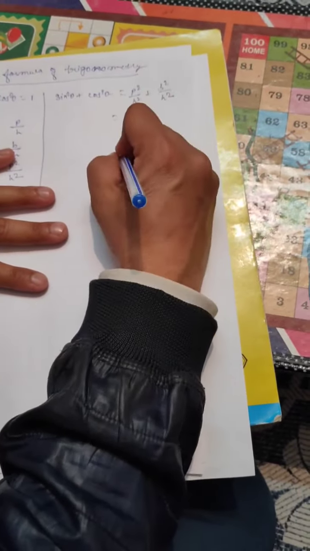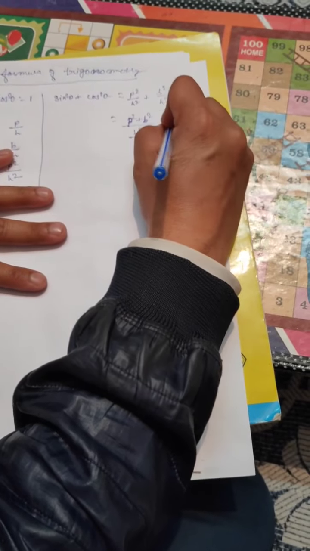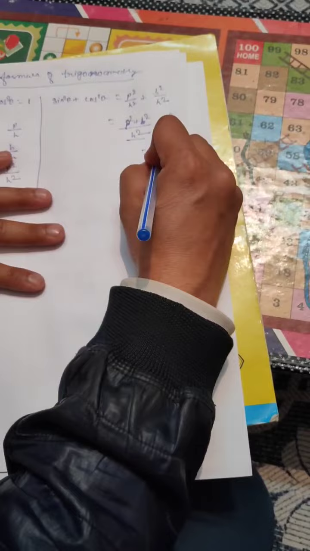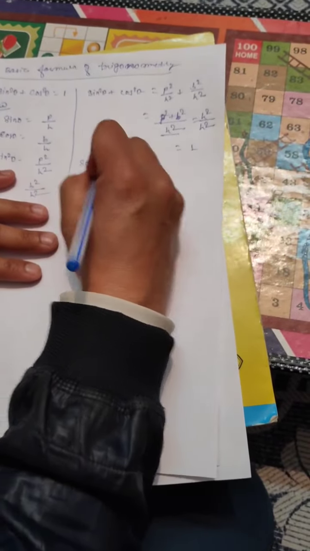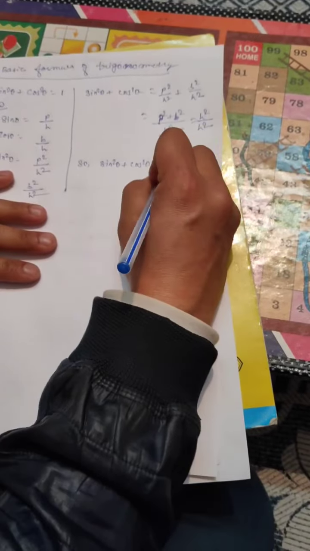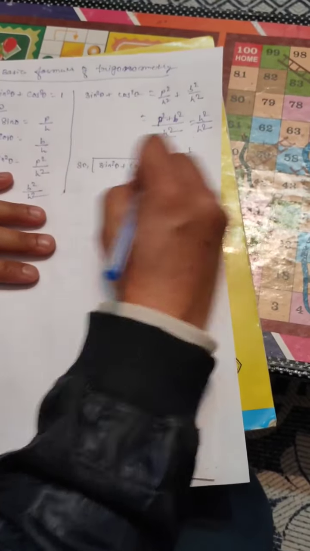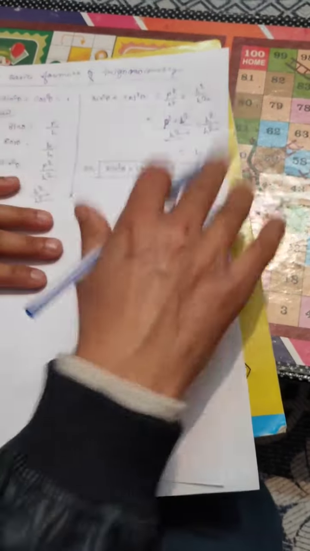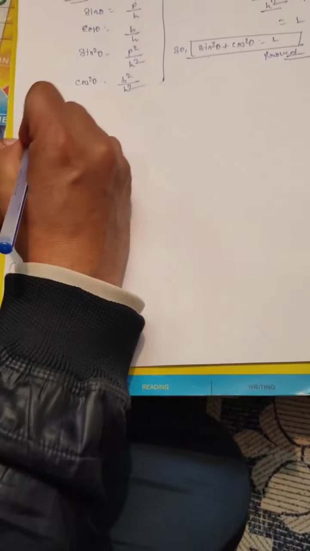As we know that P square plus B square equals H square, so H square upon H square equals 1. So sin square theta plus cos square theta equals 1. Proved.